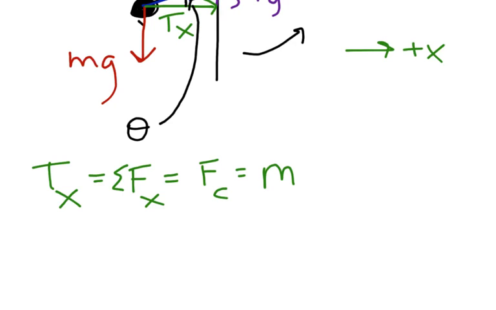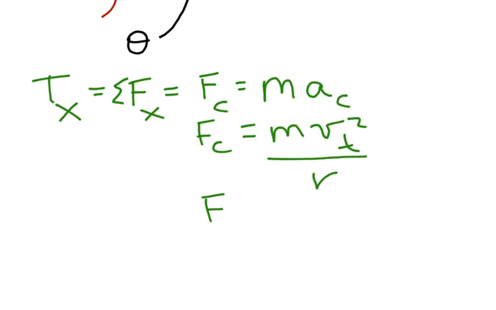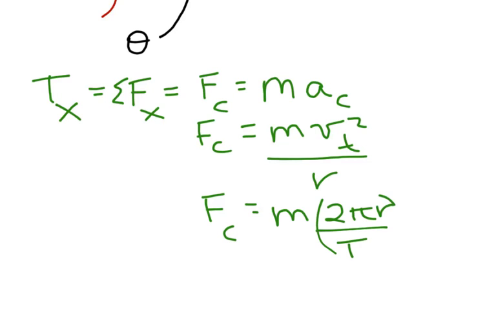It's equal to the mass of the ball multiplied by the ball's centripetal acceleration. Now recall that your centripetal acceleration is equal to your tangential speed squared over r, and your centripetal force then would be equal to the mass multiplied by 2 pi r over the period, squared, over r.